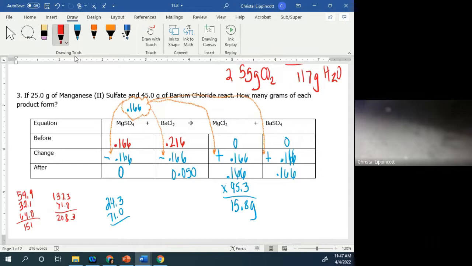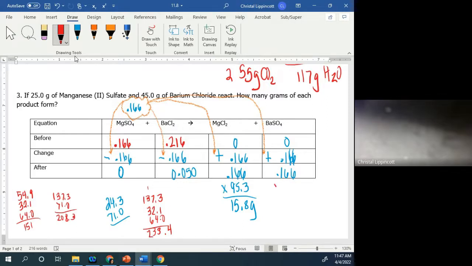Here, I'm going to multiply this by barium sulfate's amount. So the barium is 137.3. I've got a sulfur at 32.1, and I have 4 oxygens at 16 each for a total of 64. So I add these together, and that's 233.4.